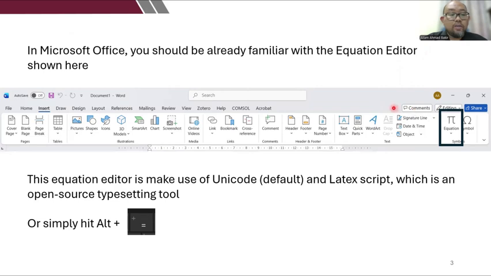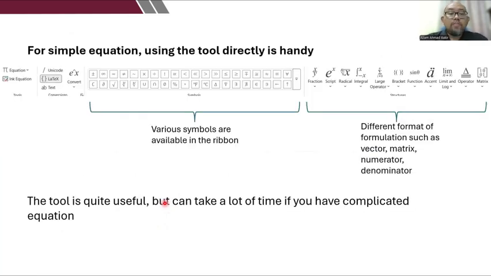To access this, you can go to Insert in Microsoft Office, for example, and simply hit the Pi button or the equation tools. Or you can simply hit Alt plus the equal symbol. These symbols should be at the top of the keyboard. For most of the tools, it should be available here.